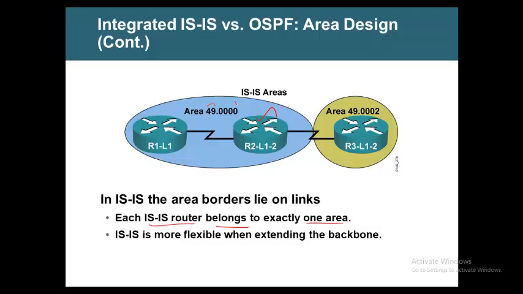In the private area, area ID is 0. This area ID is 2. ISIS is more flexible when extending the backbone. How? You just need to have L2 to extend the path.